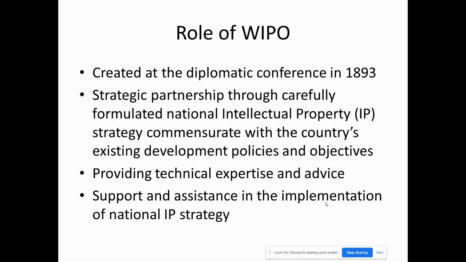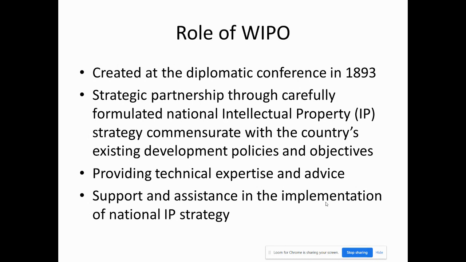It creates a kind of strategic partnership through carefully formulated national intellectual property strategies across the countries, and drafts policies and objectives for the countries. It also provides technical expertise and time-to-time advice, and supports and assists in implementation of national IP strategies.